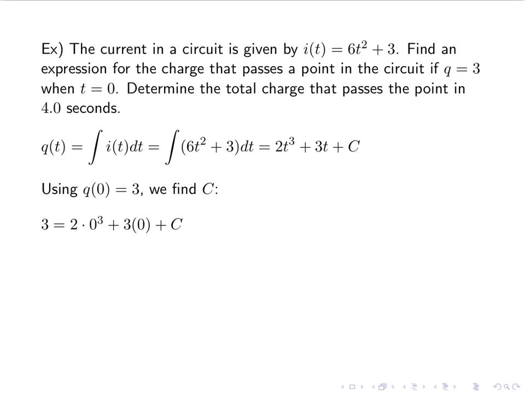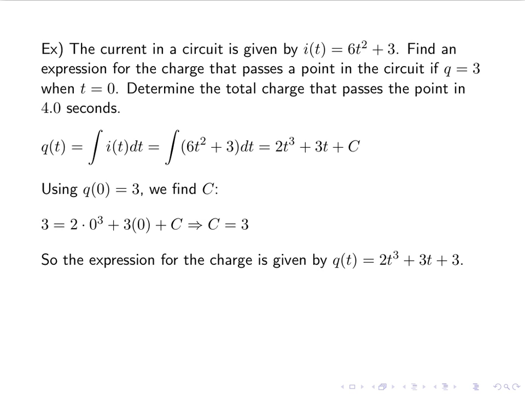So 3 equals 2 times 0 cubed plus 3 times 0 plus c. So c is 3. So the first part of the question, the expression for the charge, is q of t equals 2t cubed plus 3t plus 3.